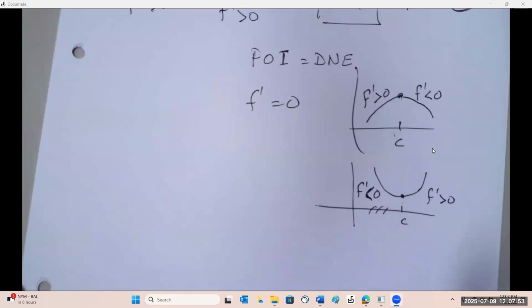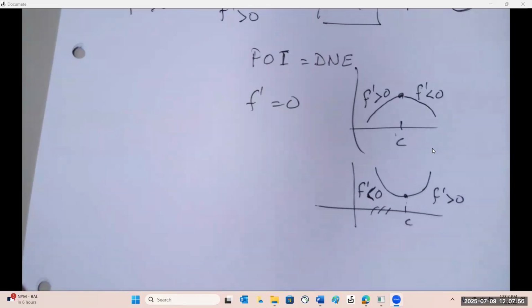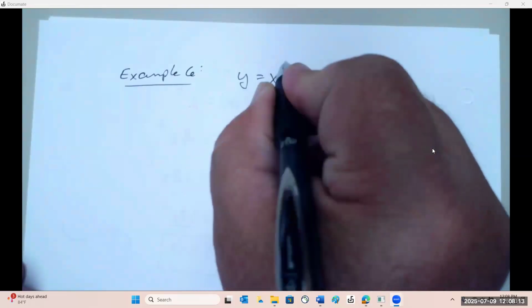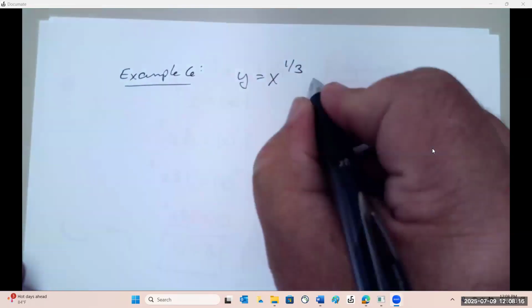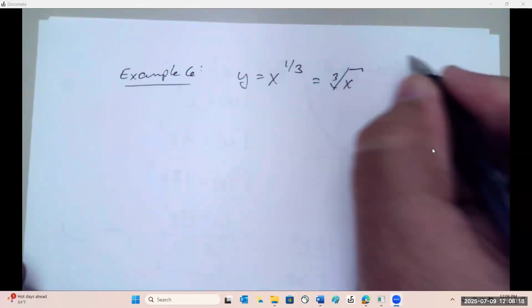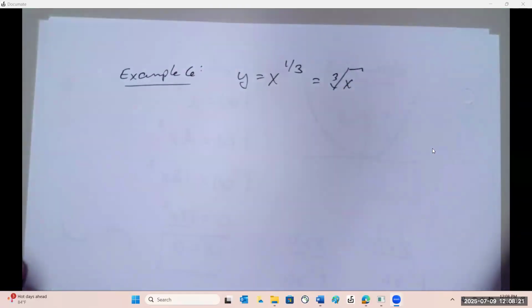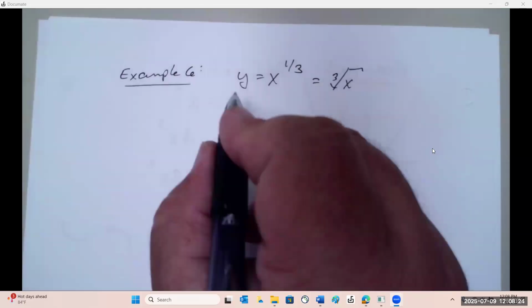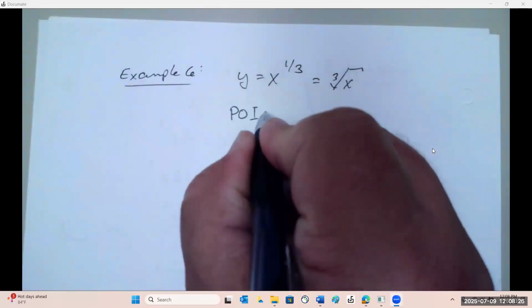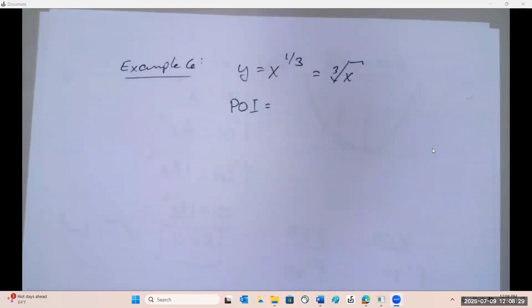Okay, any questions so far? All right, let's look at the next example. Graph this function, the cube root of x. Find the point of inflection.